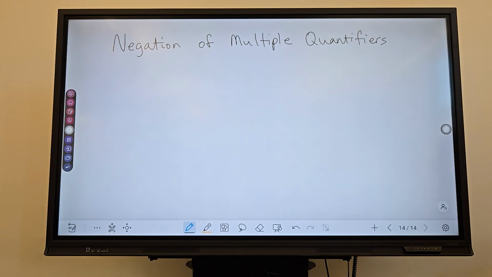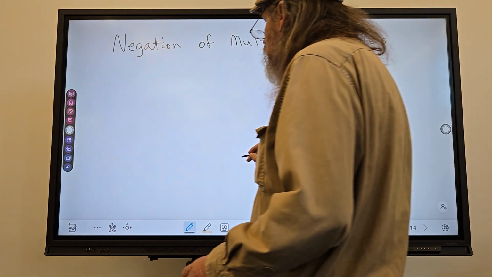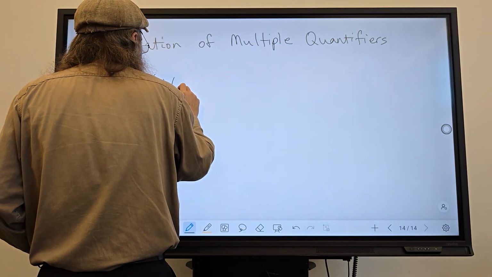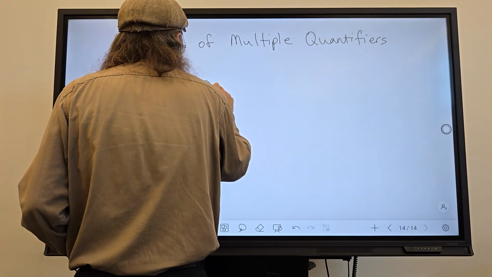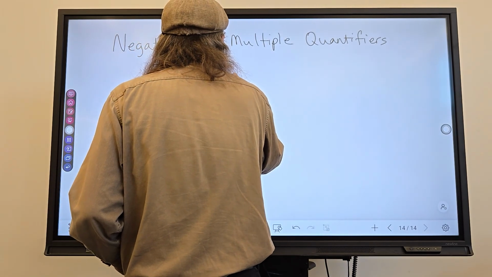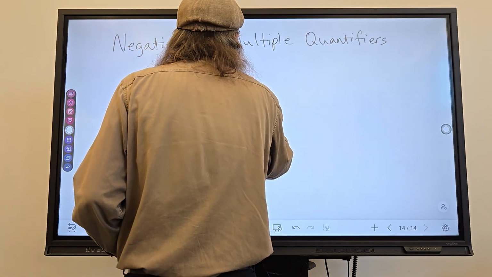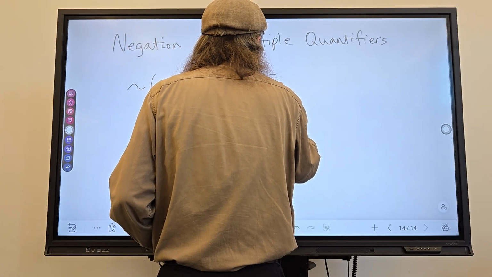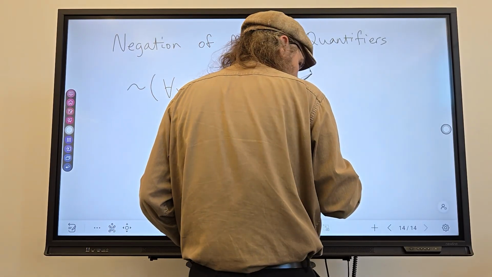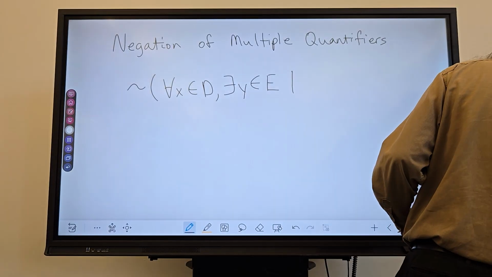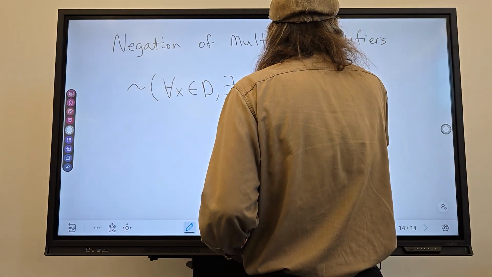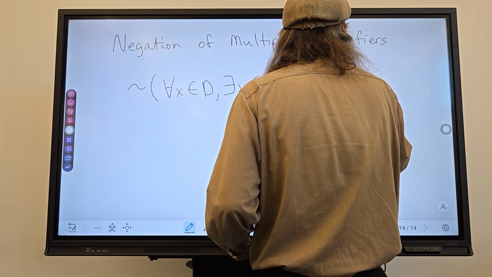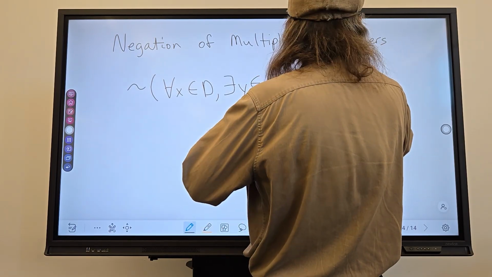So, for example, the negation of: for all x in D, there exists a y in E such that P of x, y, close parentheses.